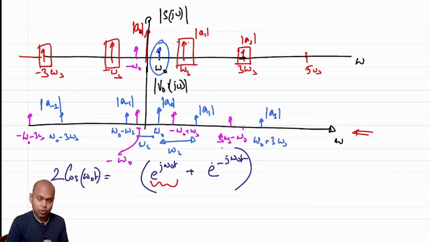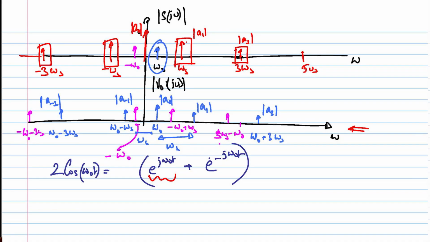This analysis is crucial because you will see that going forward, it is very important for us to visualize what happens to an input if it gets multiplied with periodic signals, and if the periodic signal does not necessarily have a single tone, right? So an extension of this is, I took an example that input is e power j omega naught t.